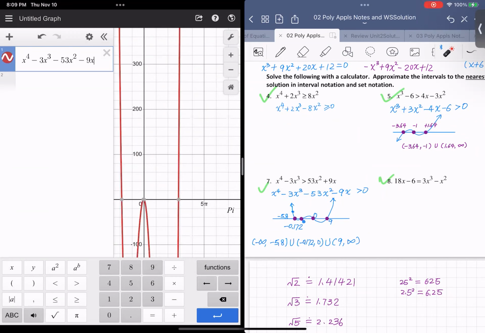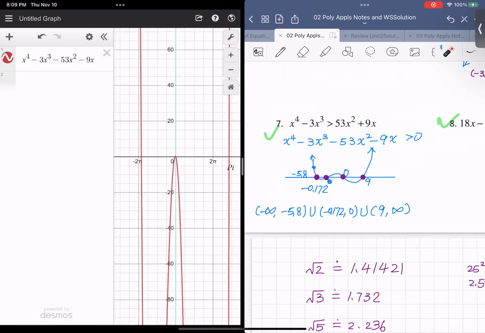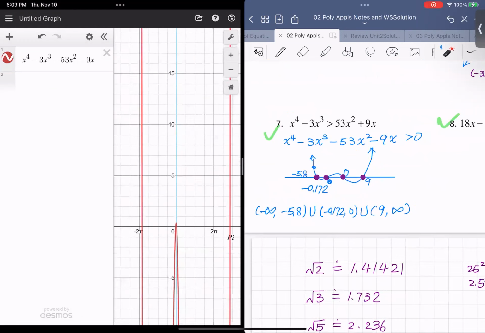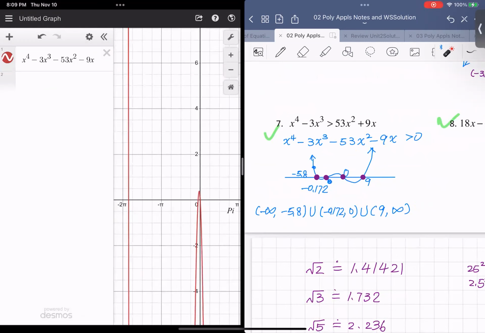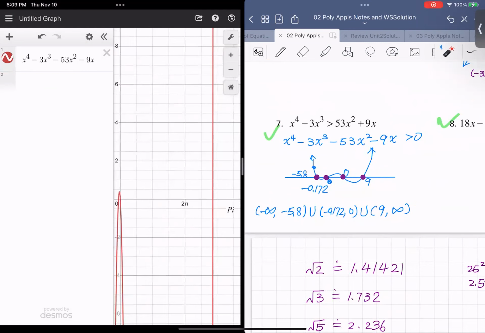And then you want to zoom in because you have some very small roots over here. So you want to find this point, that point, that point, and then the last point. So you have these 1, 2, 3, 4 roots, and you want to make it bigger than 0.